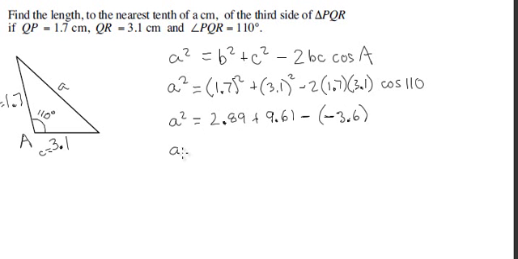So a squared is, one more line to work this out, 2.89 plus 9.61. These negatives cancel, so you get plus 3.6. Grand total 16.1. Square root both sides. And so A is 4.01.